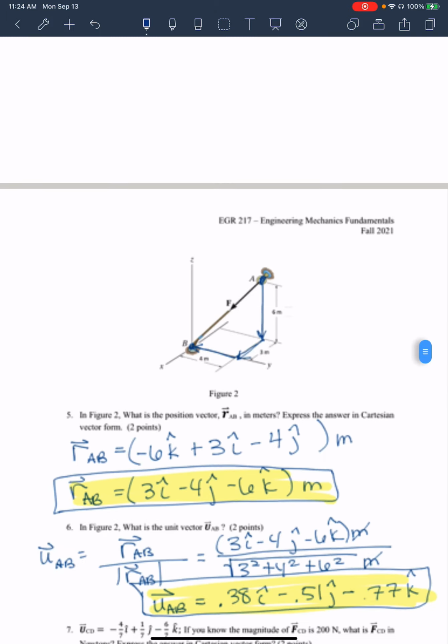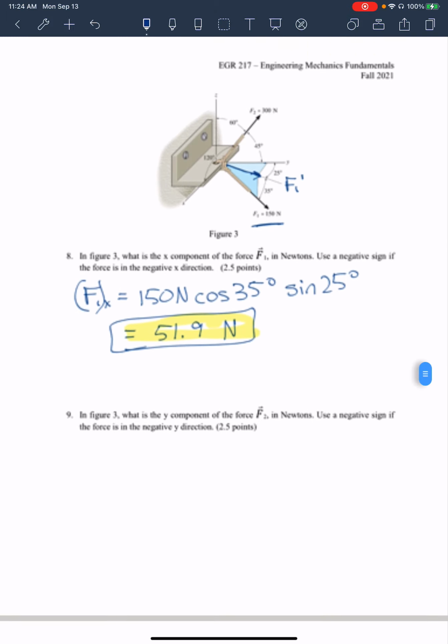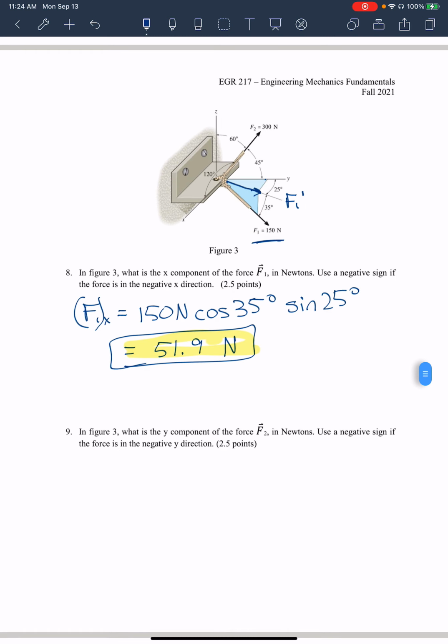And then problem 9 is using that same figure. What is the y component of the force, F2? In newtons, use a negative sign if the force is in the negative y direction. So F2, this is one where they give us the angle to each of the axes. So for this F2, we're just going to look at this triangle here.